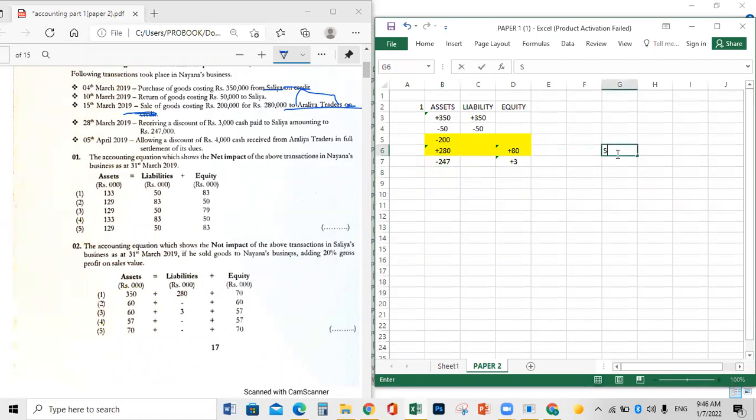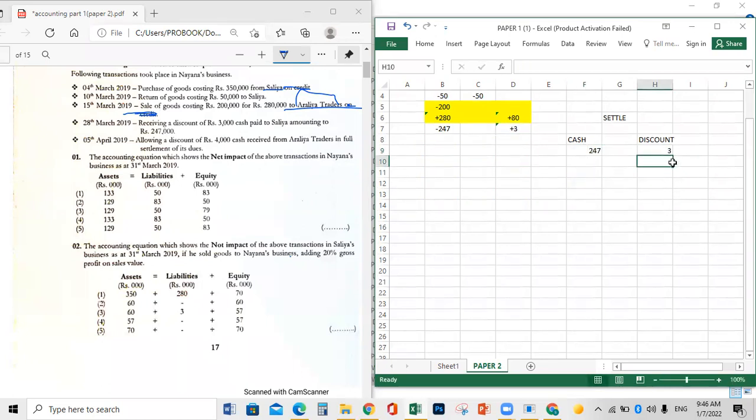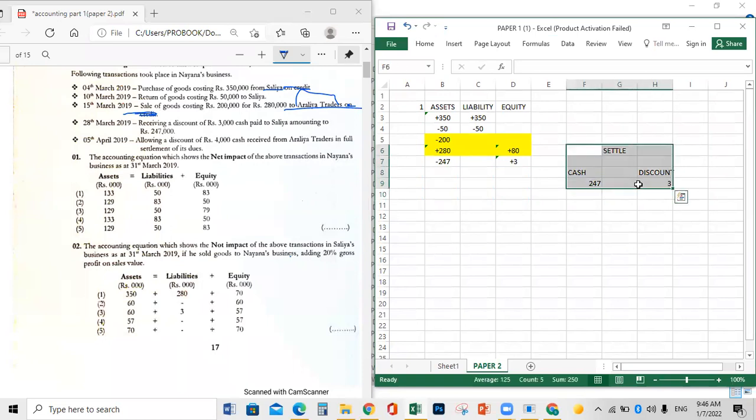Don't forget this, guys. Settled includes two components. One is the cash and the other one is the discount. The discount is 3,000 and the cash is 247,000. Cash plus discount gives you the settled amount. Okay, this is very important. The settled amount is 250,000.